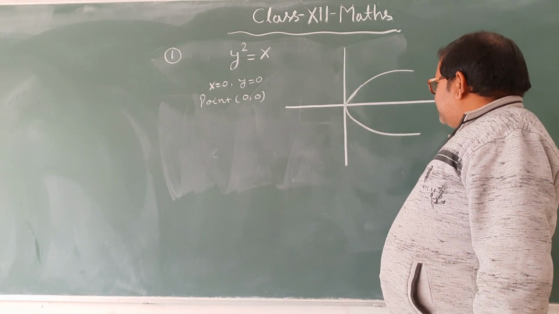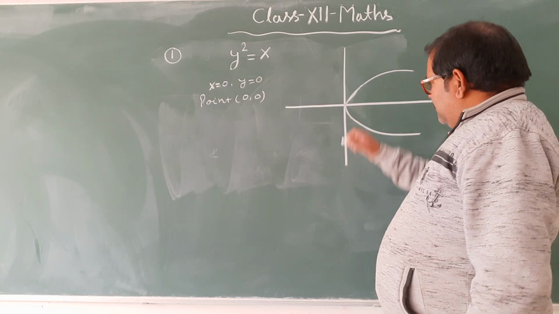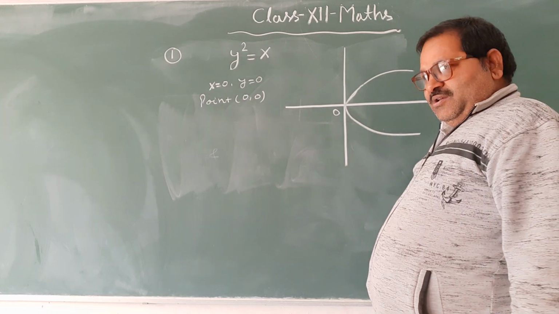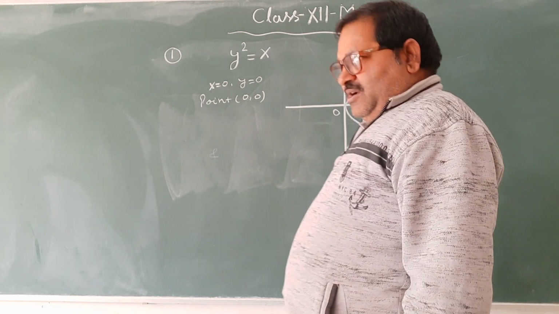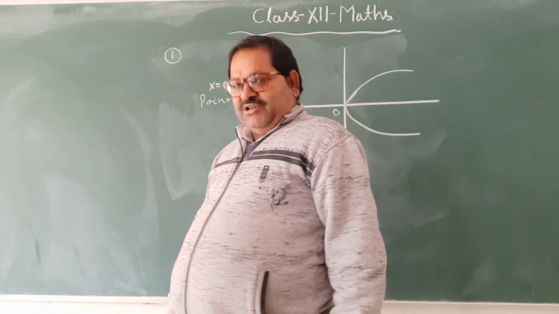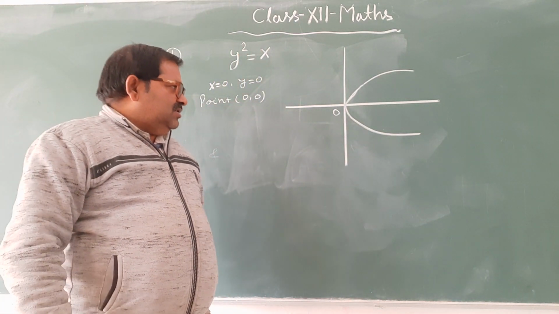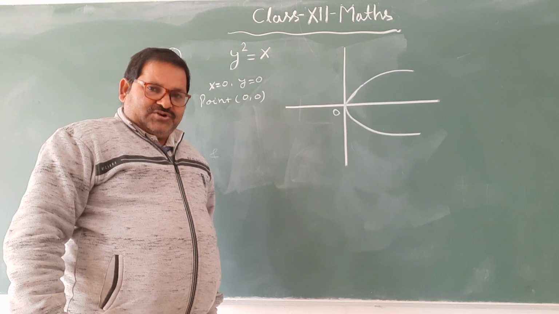O is the vertex of the parabola, and the vertex is at the origin, because it passes through 0, 0.